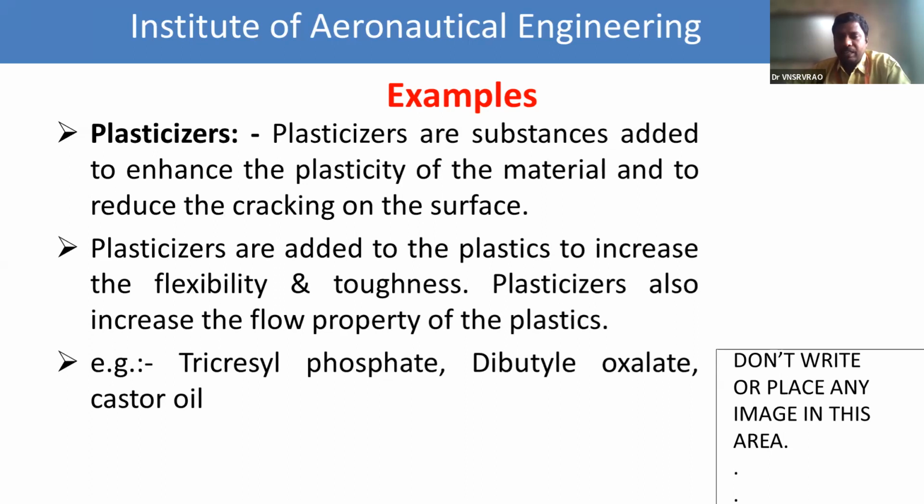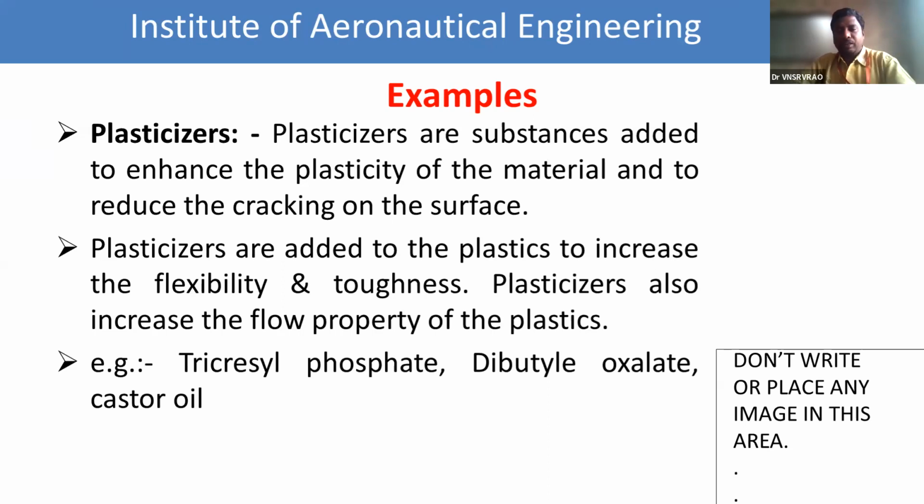And plasticizers also increase the flow property of the plastics. Okay? So what chemicals are added to improve the plasticity of the plastics? The examples are tricresyl phosphate, dibutyl oxalate, and castor oil.